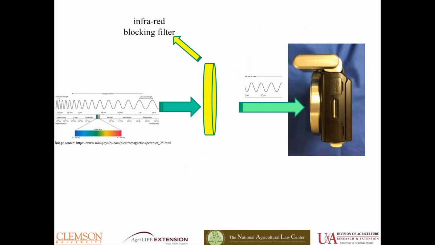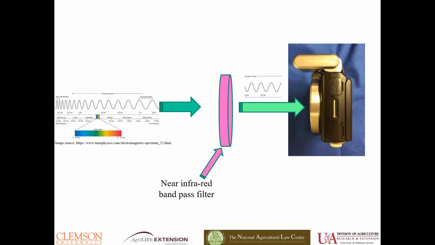As a result, a modification of the camera is needed to remove the hot mirror and replace it with either clear glass or a visible blocking filter. For NDVI, we are interested in the near-infrared bands to pass, so we replace the filter with a near-infrared band pass filter.